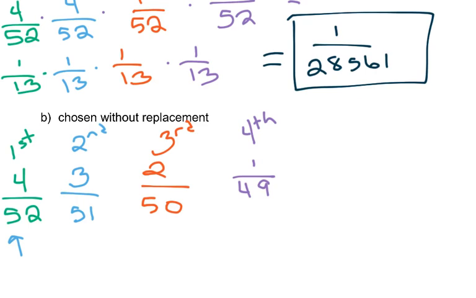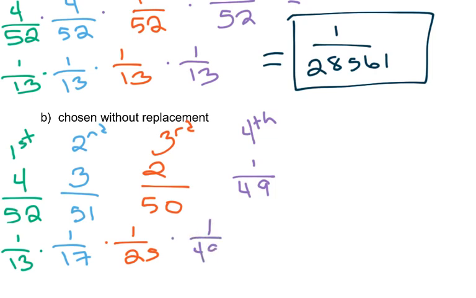Again, in this scenario, it's much easier to simplify the fractions first before you do your calculation. That way you don't have an extremely large numerator and denominator that you have to work through and simplify. So 4/52 simplifies to 1/13, times 3/51, which simplifies to 1/17, times 2/50, which simplifies to 1/25, and lastly 1/49.